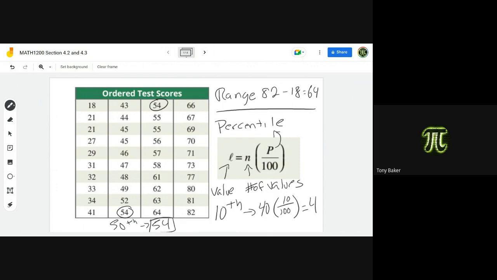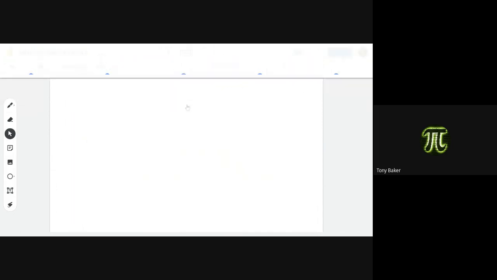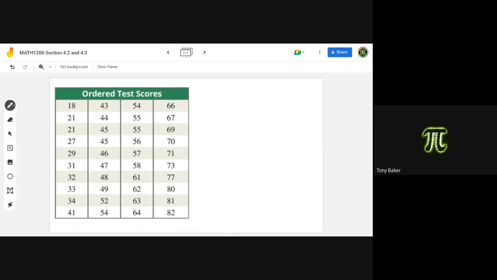Let me pick a number that's not going to work out nice and even. Let's do the 25th percentile. Oh, wait, that's going to come out to be 10 again, so let's not do that.